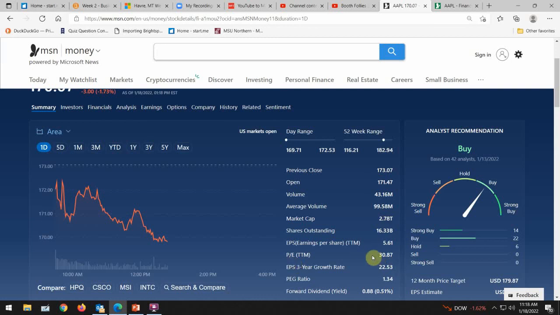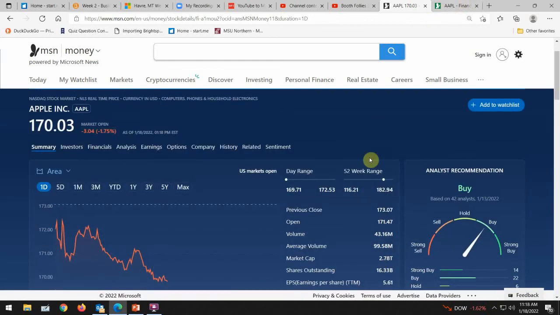Price to earnings ratio of about 31. That's relatively high, especially for a big company that's been around for quite a while now. Again, if we looked at some utility stocks, those types of things, you're probably going to be 10 to 15 on the PE.